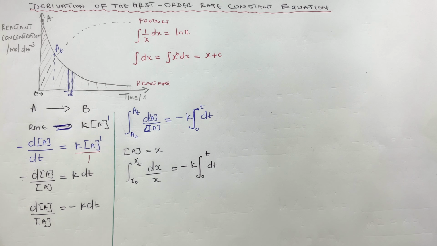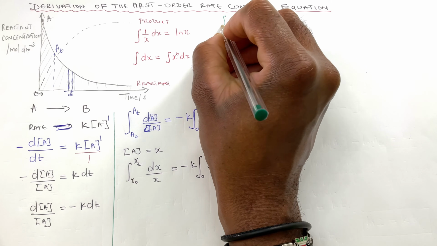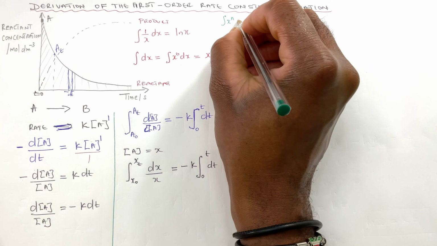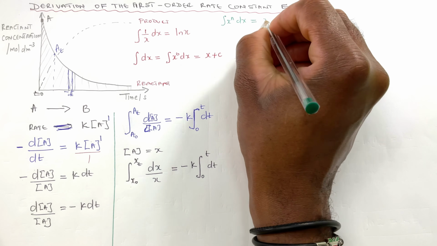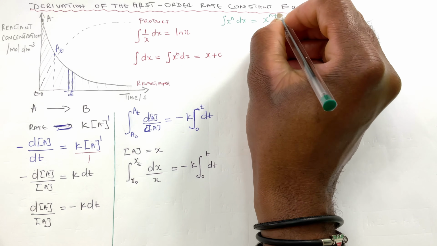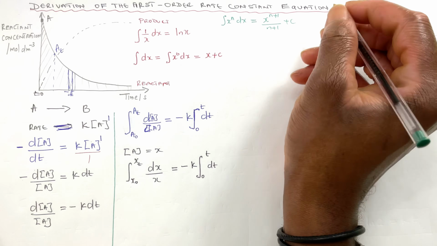How do I get that? Well, if I have the integral of x to the power of n dx, that equals x to the power of n plus 1 over n plus 1, plus c.